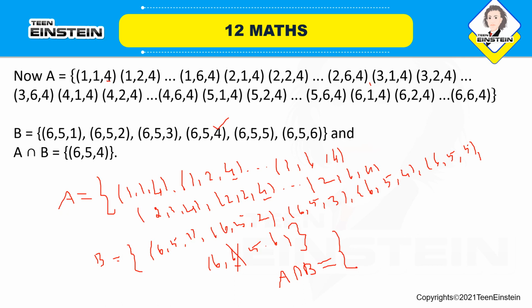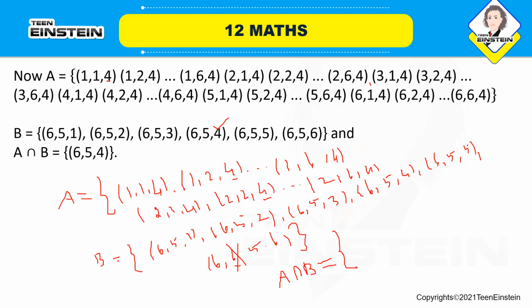The event A is getting 4 on the third throw. So the only intersection is 654, because only here I am getting 4 on my third throw. So A intersection B is the set containing 654. There is only one element in A intersection B.